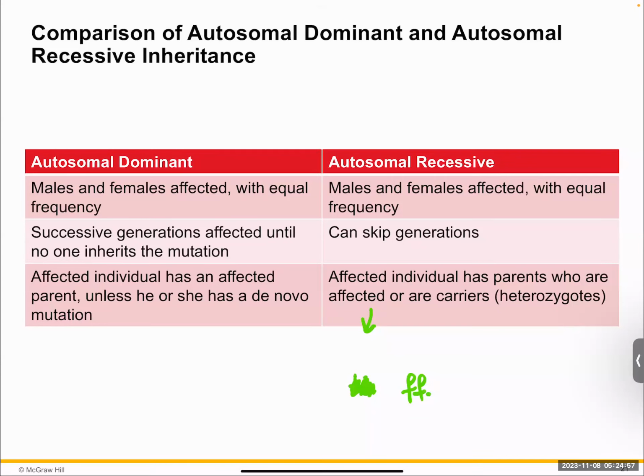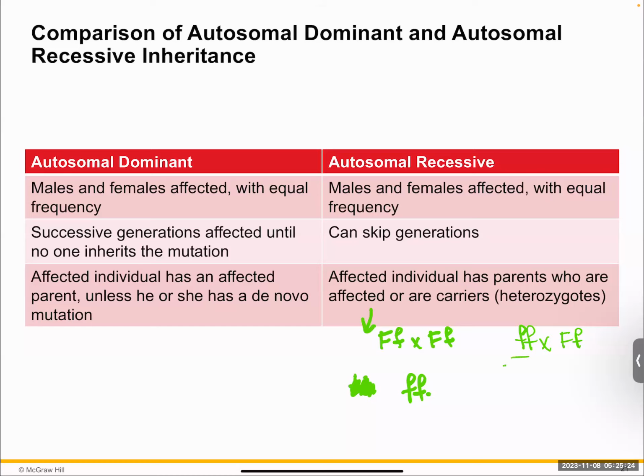So the parents can either be Ff crossing with Ff, so the little lowercase f was passed, or you could have a parent like this. So a parent that is fully affected and a parent that is a carrier.